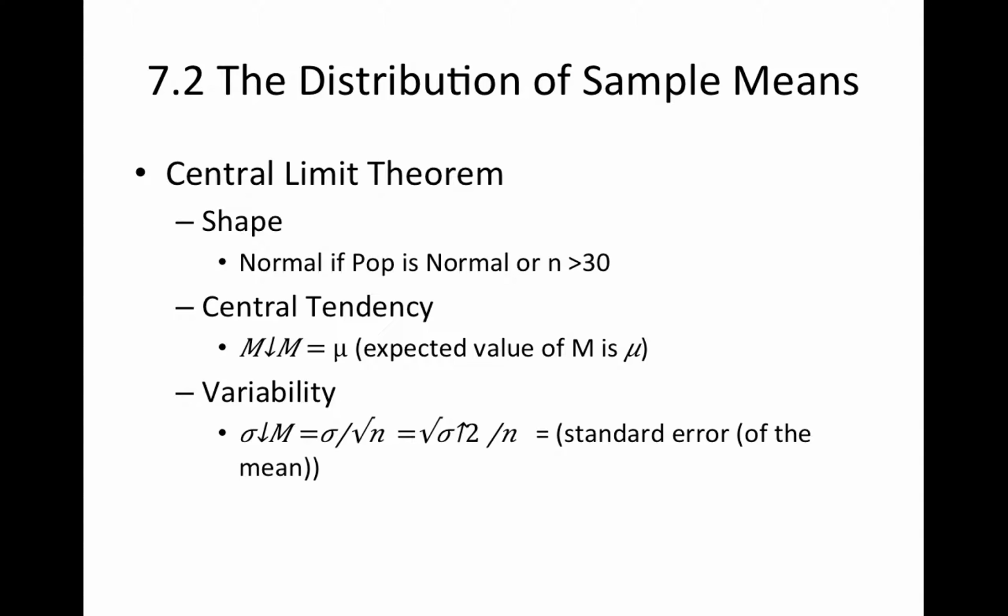Even though you're not always going to get the exact population mean as the mean of any sample that you use, you're expecting to get somewhere close to that. You're expecting to get that. And the best thing to expect would be the actual population mean, even though you don't always get it. Okay? So that's why we call this value an expected value. The expected value of M, the mean of any given sample, is mu.